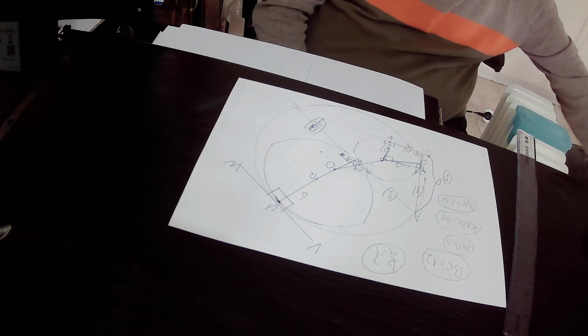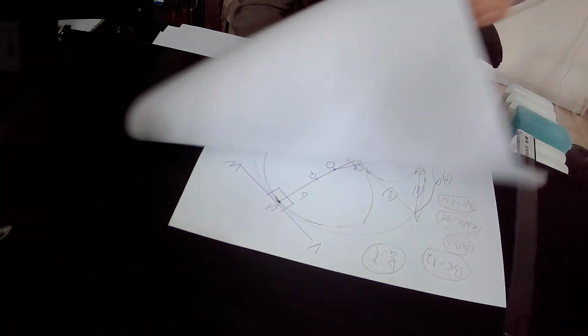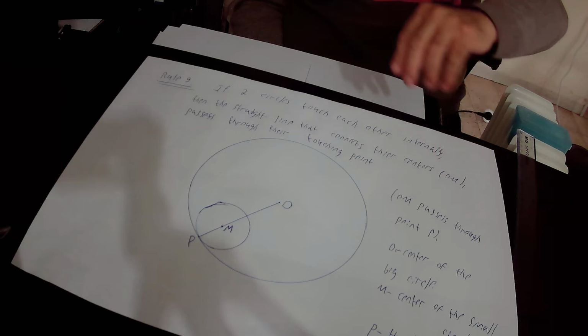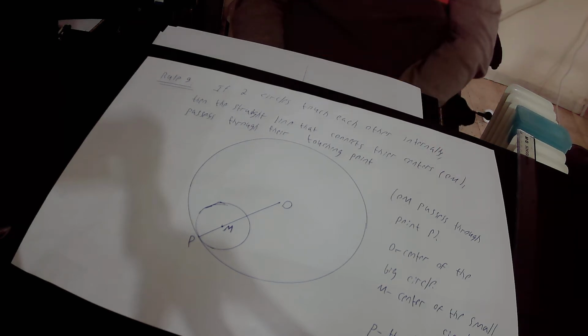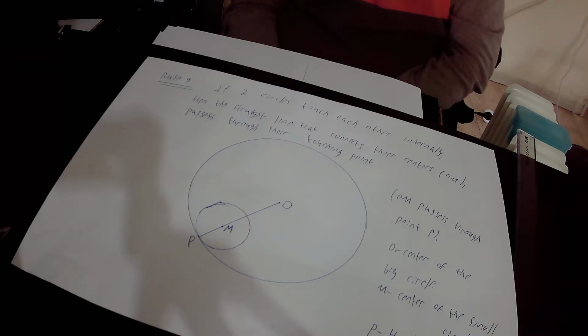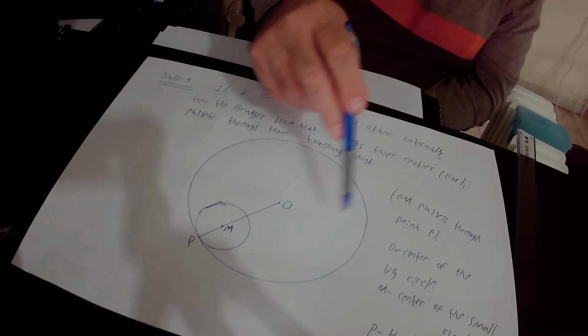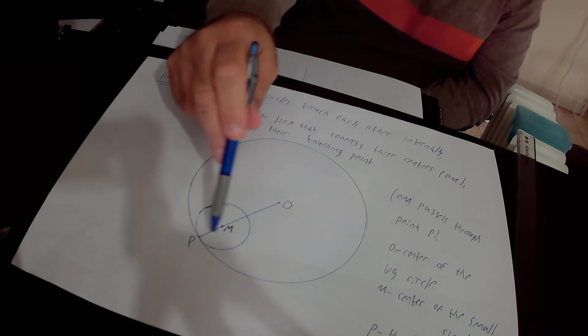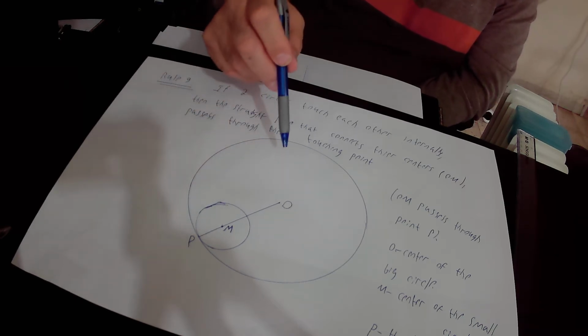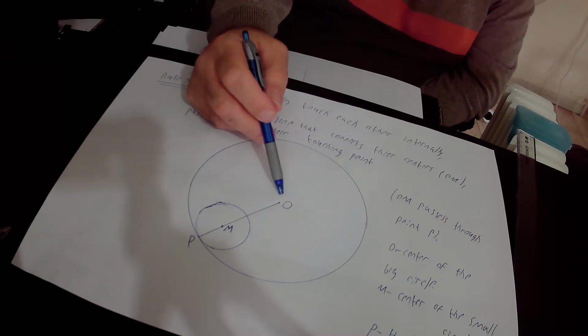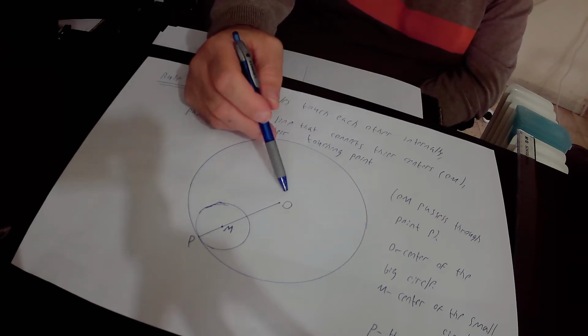Then I present to you rule number 9. According to rule number 9, if two circles touch each other internally, then the straight line that connects their centers together must pass through their touching point. The center of the big circle is here at point O. The center of this small circle is here at point M. The straight line that connects their centers is the straight line OM.